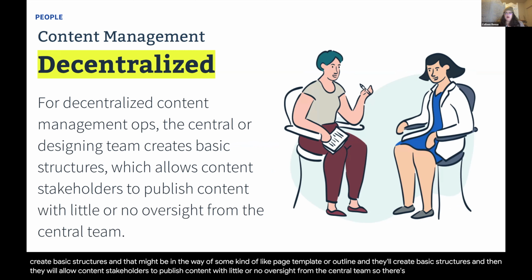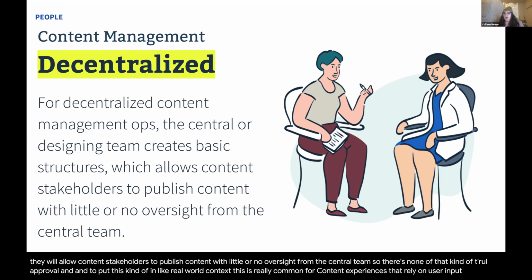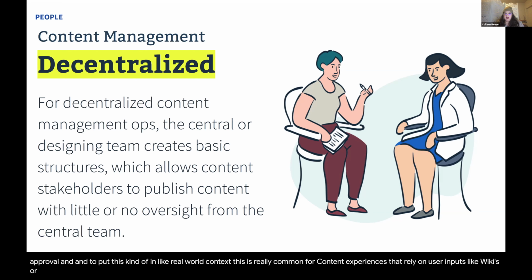So there's none of that central approval. And to put this in real world context, this is really common for content experiences that rely on user inputs like wikis or community-based platforms where people can publish at will. They're still monitored in some capacity, but there's less of that approval structure there.